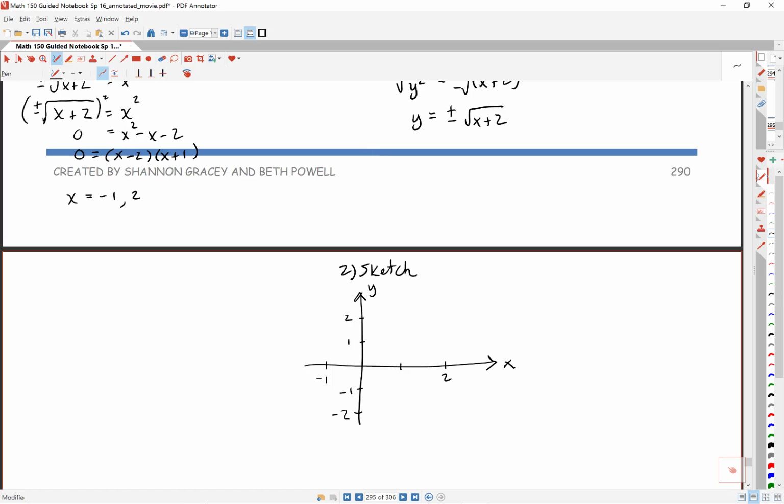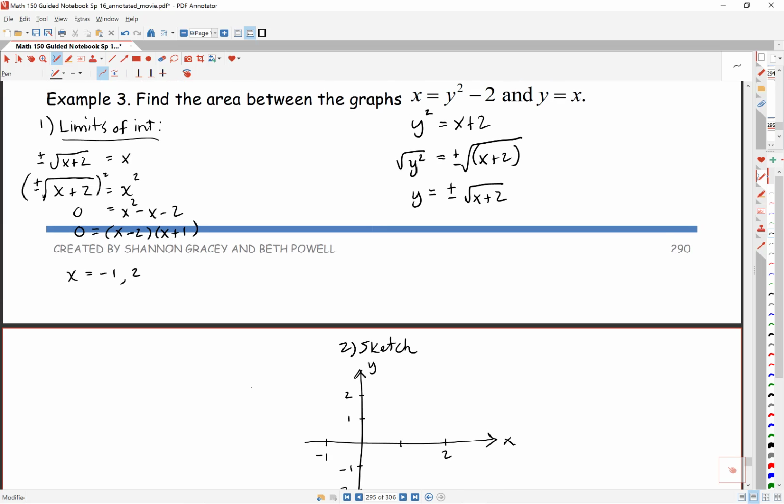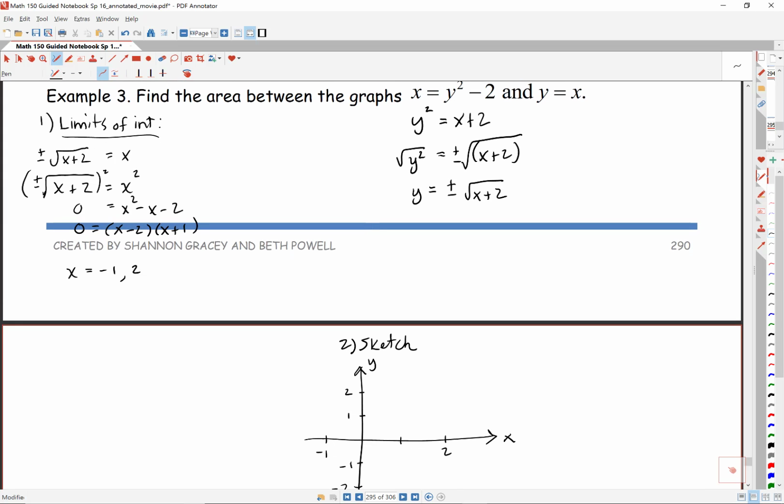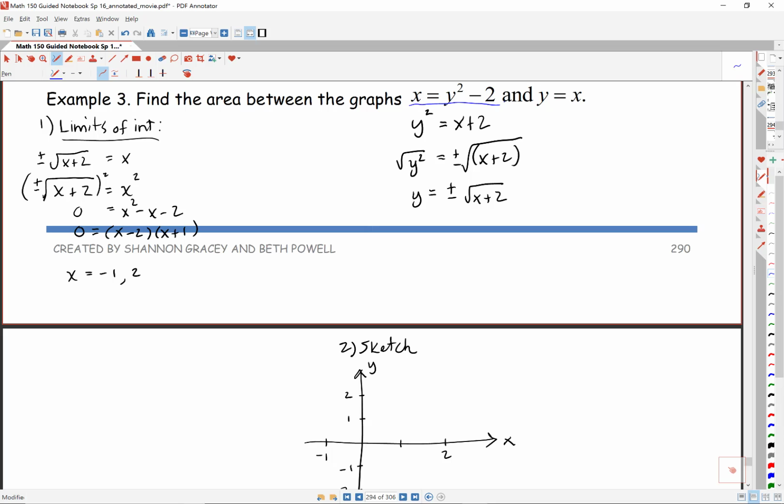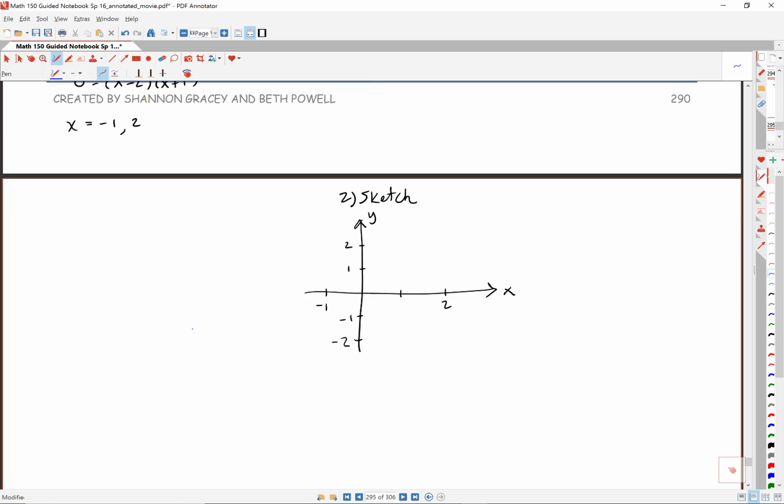So what we have going on firstly is, for x equal to negative 1, y will be plus or minus 1. Do you see that? So you can plug them into either graph, right? But you need to make sure you get your plus or minus from the second. So let's take a look. If I do this one in blue and this one in green, what we'll have is y equal to plus or minus root x plus 2.